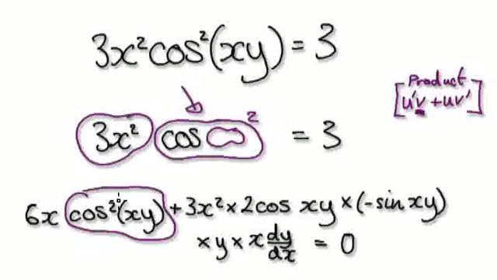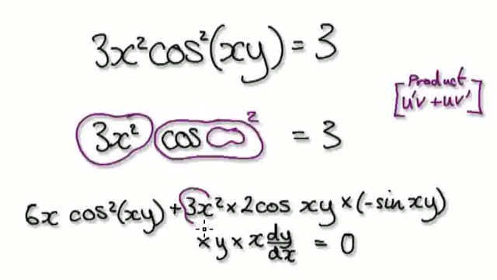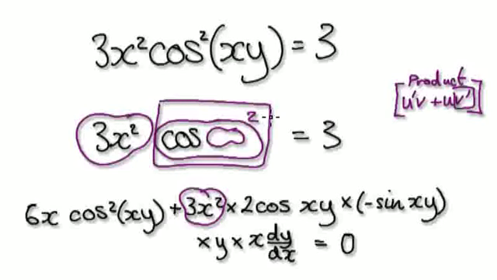Now this plus here, and now leave the u the same. So leave this bubble the same, and then you've got to times it with the differential of this.